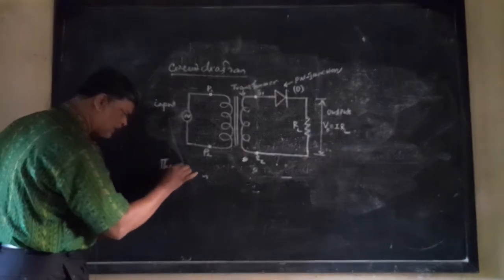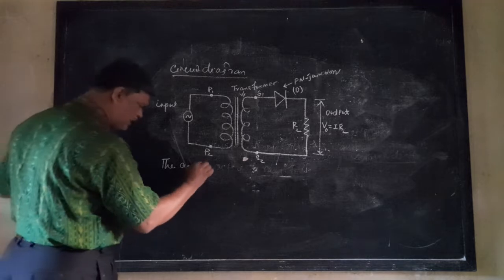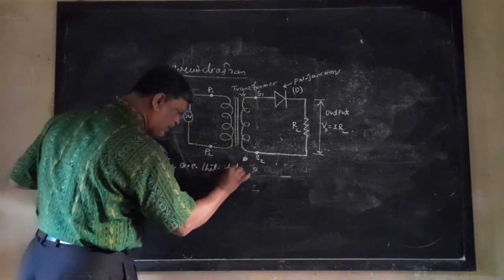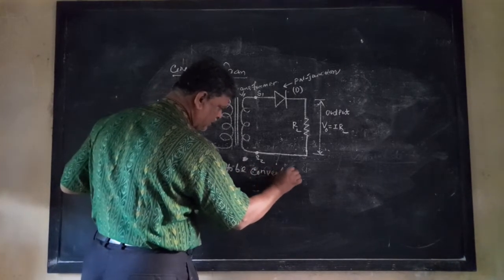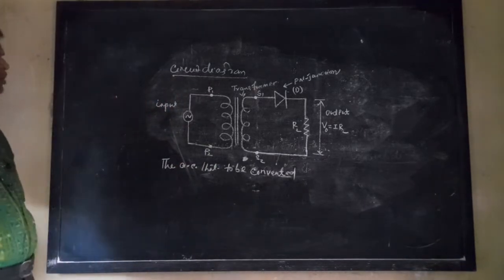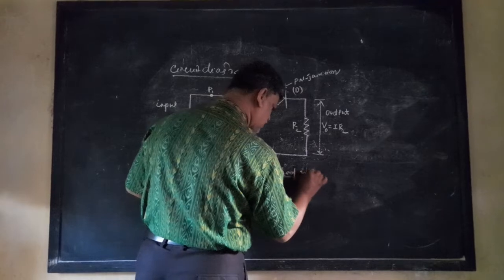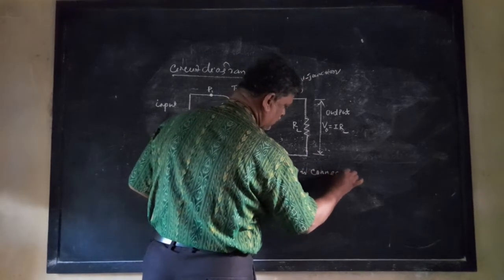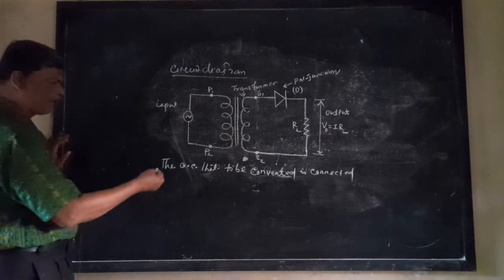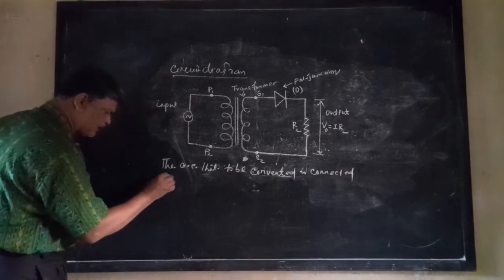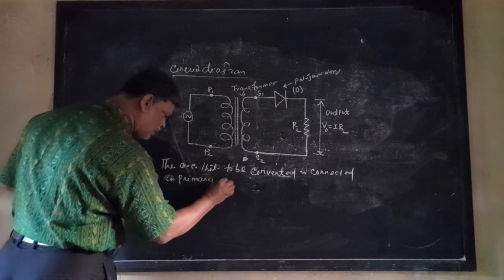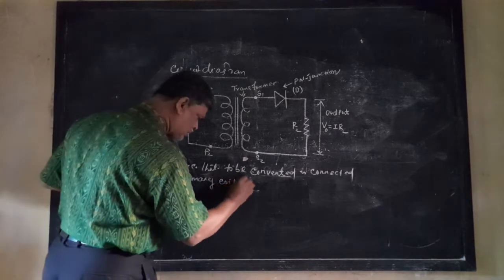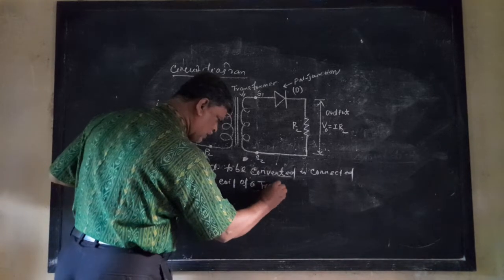The AC, the alternating current that is to be converted, is connected across the primary coil of the transformer.